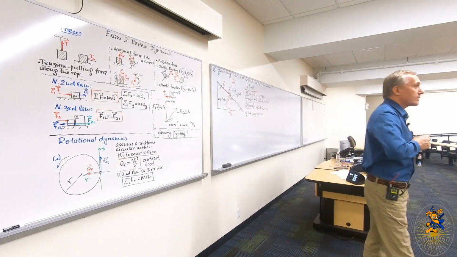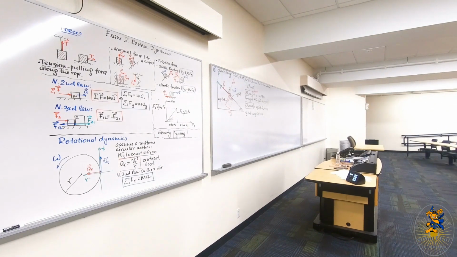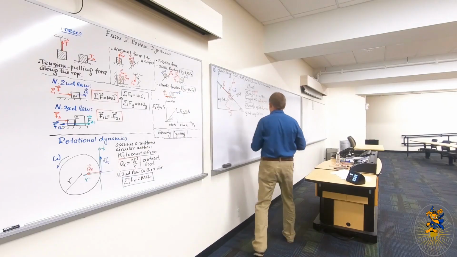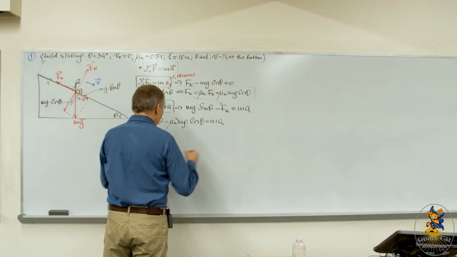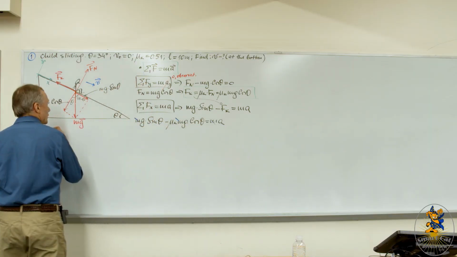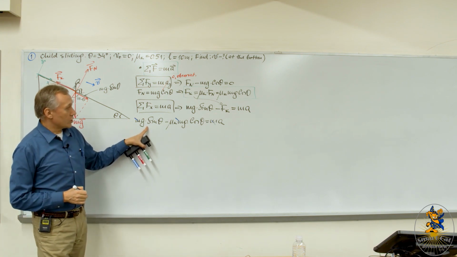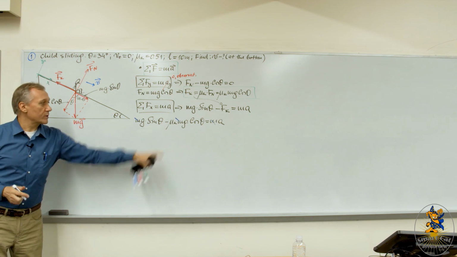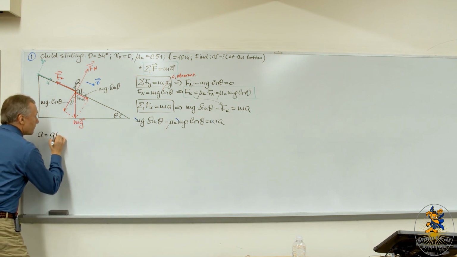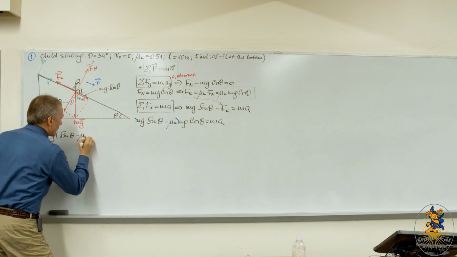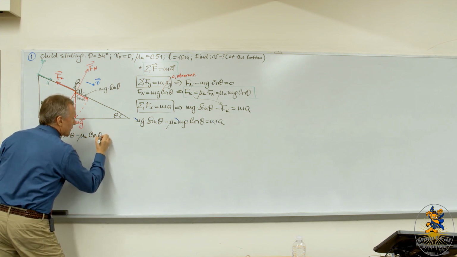What can be done with mass? We can do that mass destruction, right? Cancellation. So m goes. And as a result, we're getting the expression for the acceleration. So acceleration equals to, I will factor out g because it's the same for both terms, g times sine theta minus mu k cosine theta.